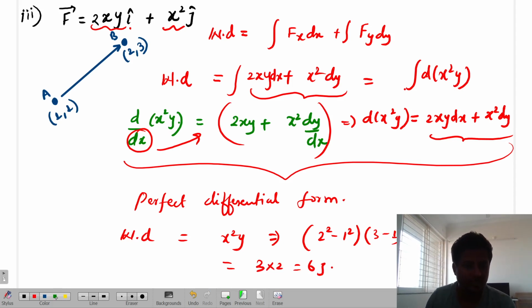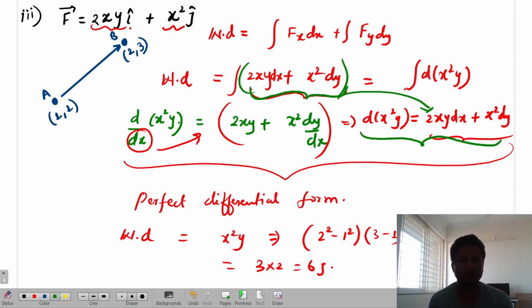Where did you just now see this is my equation over here? 2xy dx plus x square dy. See, I can't do this integration in a similar way because there are two different variables over here. So what I did, I wrote it into a form which we call perfect differential form.